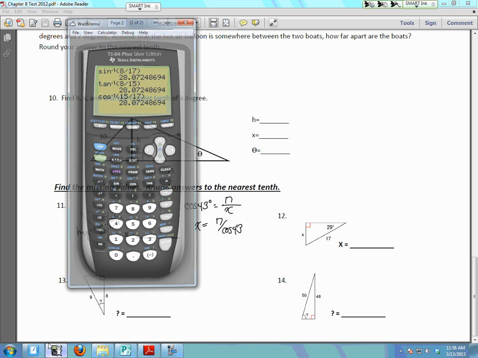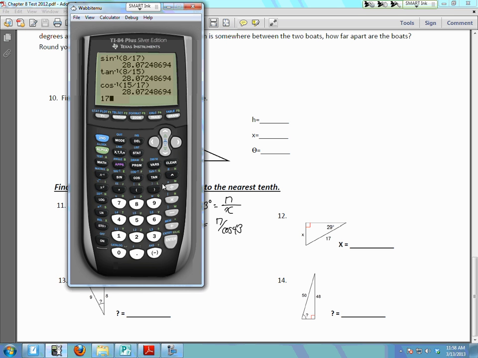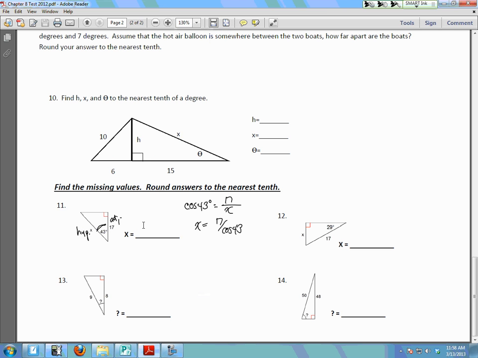So 17 divided by cosine of 43, 23.2. And that's degrees. Oh, it's not degrees, I'm sorry. We're looking for a hypotenuse, so that's just a length. Okay, so feet or inches or whatever it turns out to be.